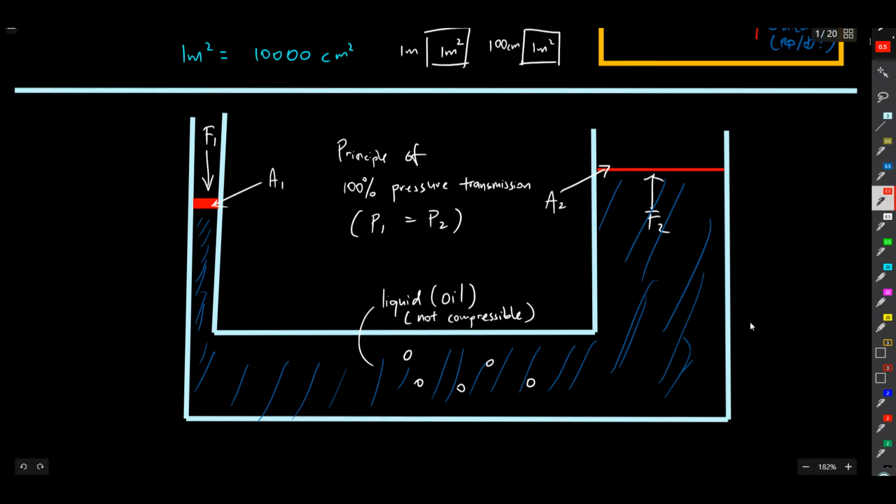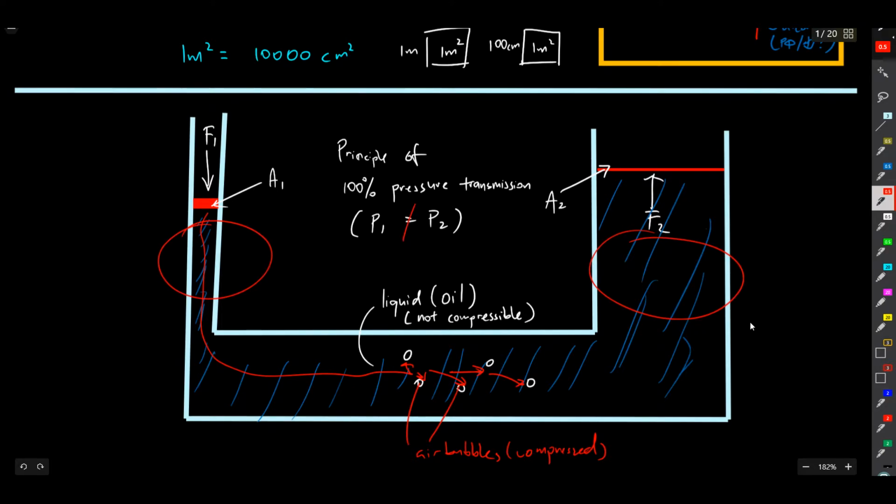These air bubbles pose an issue because they can be compressed, so part of the pressure that is transmitted in this direction will end up being wasted, and the pressure here and the pressure here will no longer be the same.